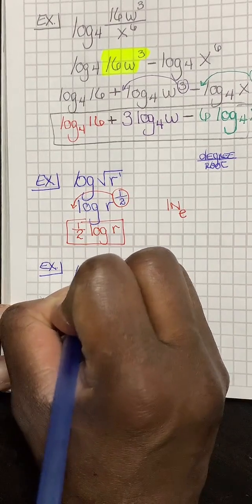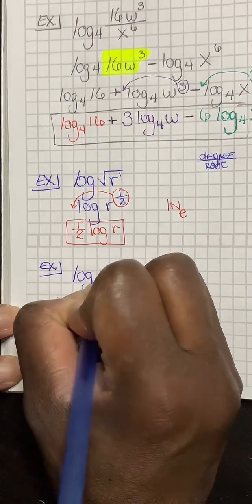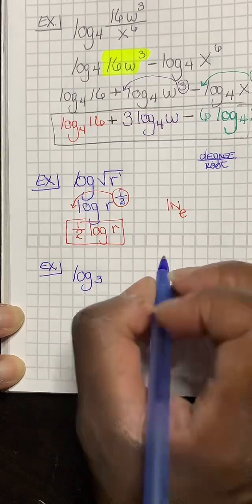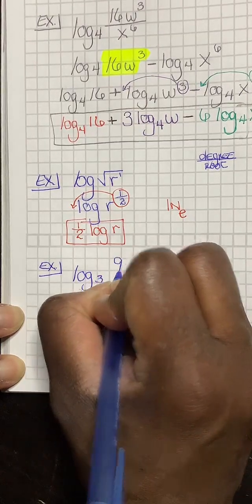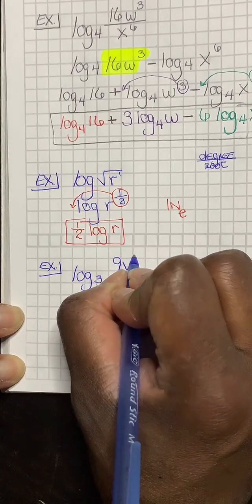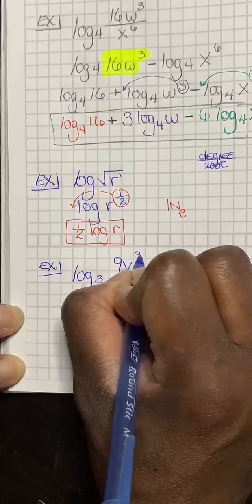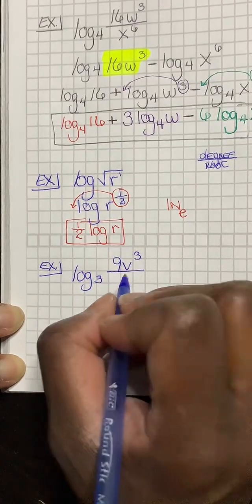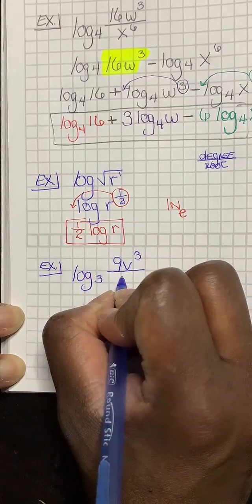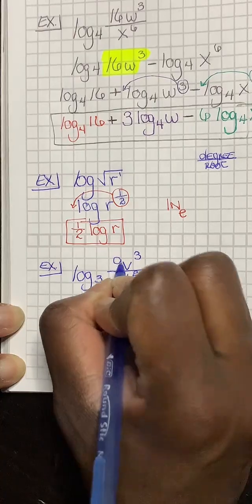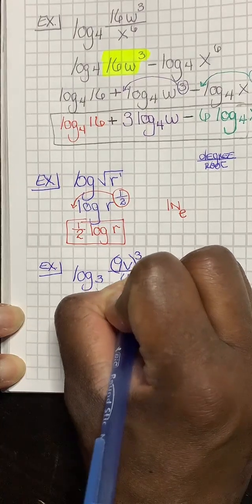So we have log base 3 of 9v cubed over u squared. And I'm going to do it like this.